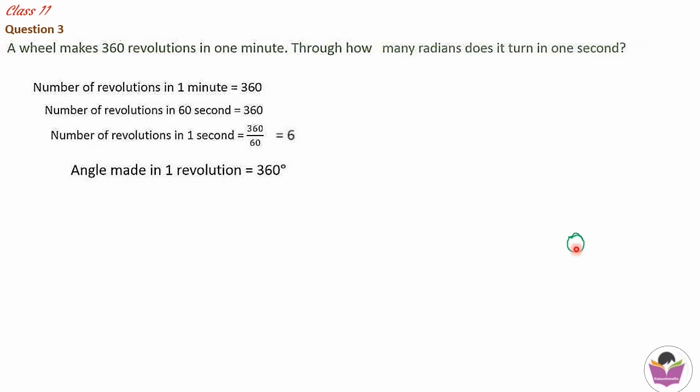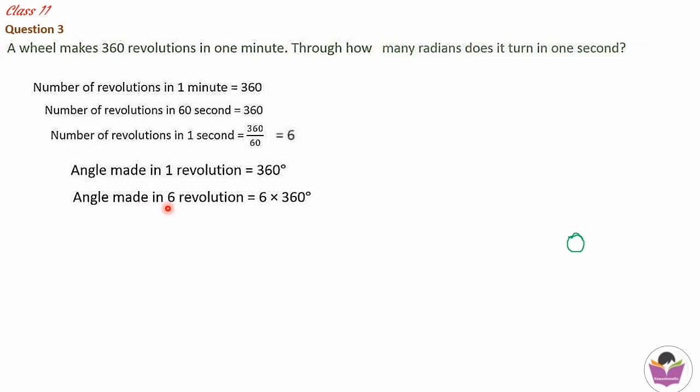Suppose that this is a wheel. Wheel means it is in circular shape. Circular shape means one complete rotation takes 360 degrees, because we have learned that around a point the angle is 360 degrees. That's why it is written angle made in 1 revolution is 360 degrees. One time it is rotating, it turns 360 degrees.